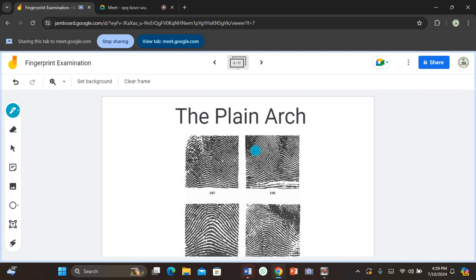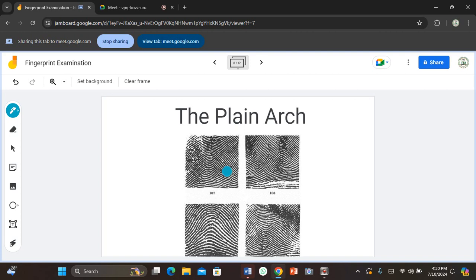In plain arches, the ridges enter one side of the impression and flow or tend to flow out the other side with a rise or wave in the center. Look at the screen, with a rise or wave at the center. That is a plain arch.